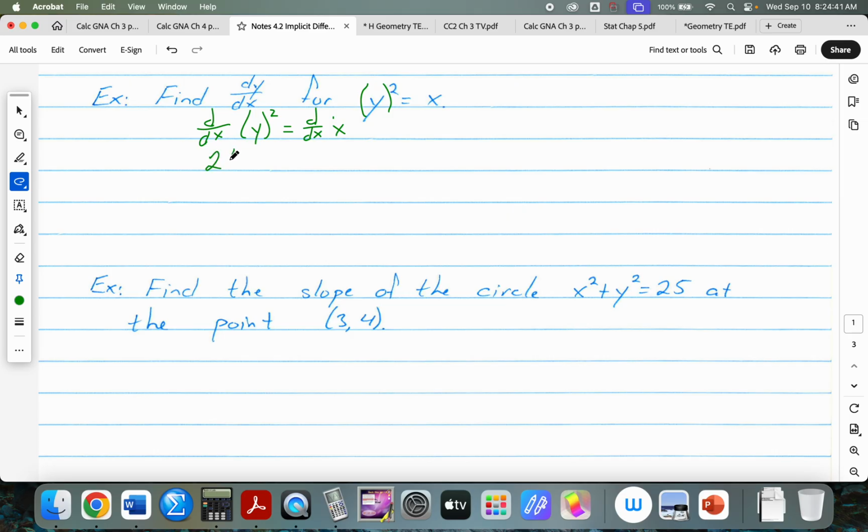We'll do 2 times the inside part alone, raised to the first, times the derivative of the inside part, that's the derivative of y with respect to x, dy/dx. That is equal to the derivative of x with respect to x, which is just 1.